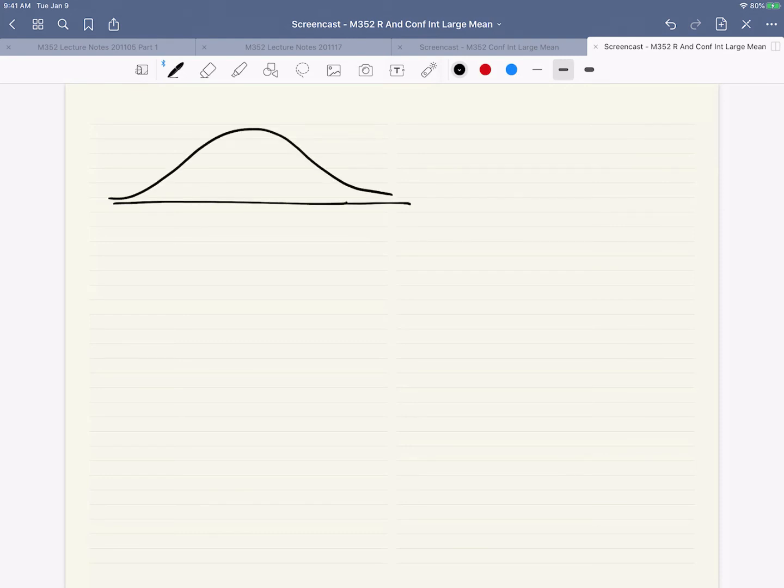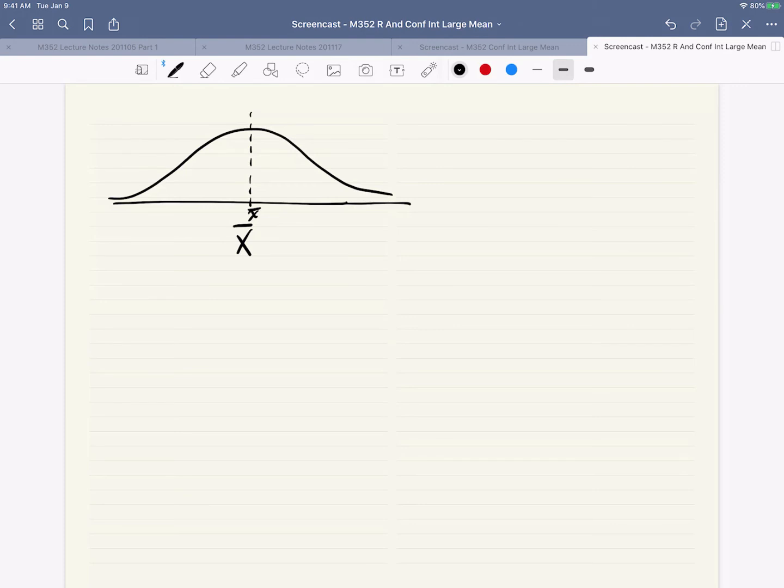So here's a normal curve, and this is going to be the distribution of our sample mean. So its mean is going to be at, well, let's put our sample mean there. We know it's supposed to be mu, but our best approximation, and because the mean is an unbiased estimator, we'll just put our x bar there.